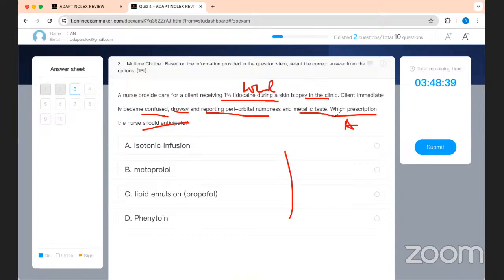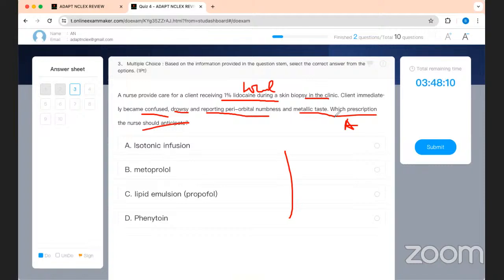A bunch of words. Don't freak out. Don't worry about it. You did something to the patient. Whenever you're answering the question and there's an intervention, make sure that whatever you're doing did not cause the problem. And if it's causing the problem, then go and fix it. We injected lidocaine, and all of a sudden, I'm confused. I'm drowsy. I have numbness on my lips, and I have metallic taste.